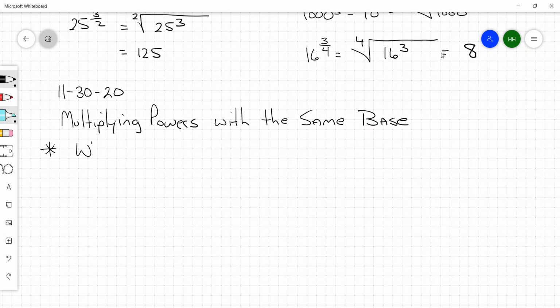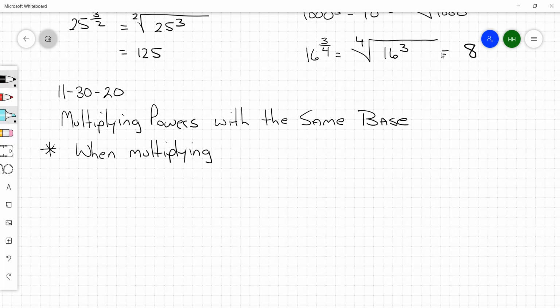We're going to say when multiplying exponents, now let's say powers.